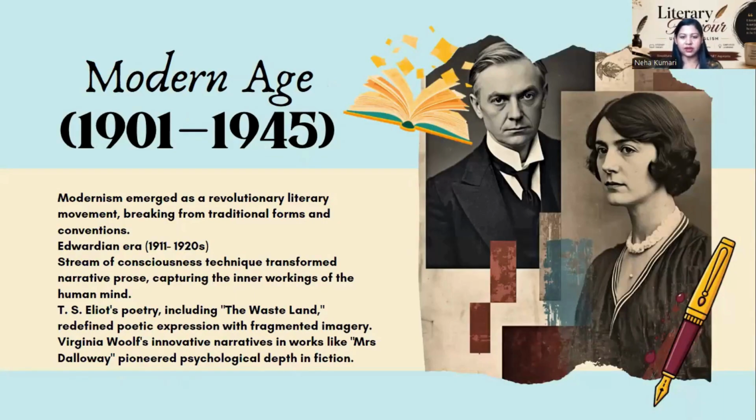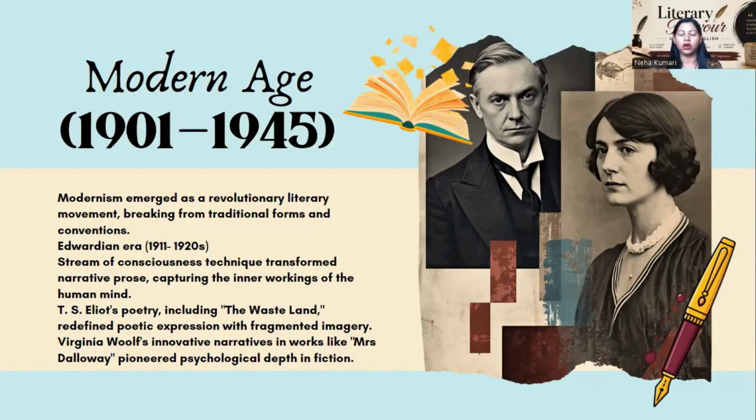Now, the modern age approximately ranges from 1901 to 1945, and it emerged in response to the profound global changes, particularly the two world wars. Many traditional beliefs and values came under scrutiny in this time.